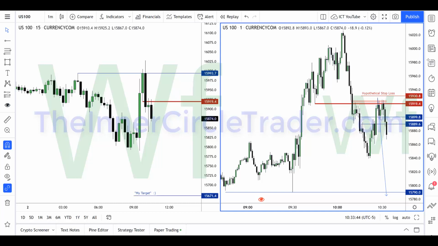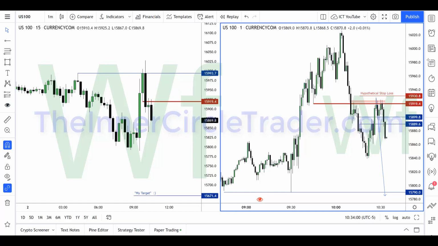If it does, I would hypothetically add another entry there, basically pyramiding. But if it just keeps on cascading lower, it doesn't make a difference. But for the purposes of what I was teaching the other day of how I build up the demo accounts and run the balances up, I'm pyramiding.